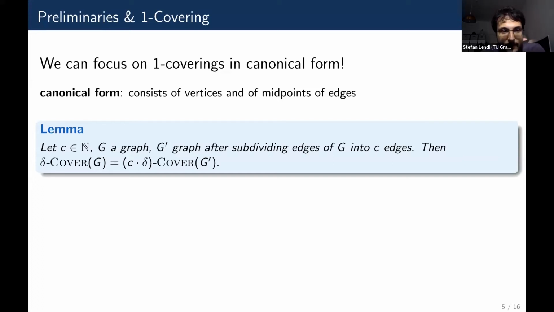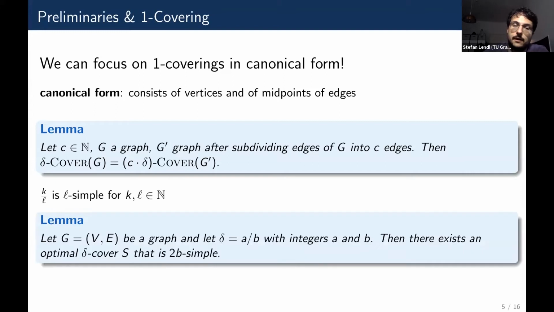The second thing we can show is that we can always find an optimal 1-cover that has the following form. It selects only points on the vertices and on the midpoints of edges. This basically follows from the first lemma and the second lemma, which shows that for arbitrary delta A/B, we can always find an optimal solution that is simple, namely where the distances on the edges can be written as fractions K/L, and L is two-simple.